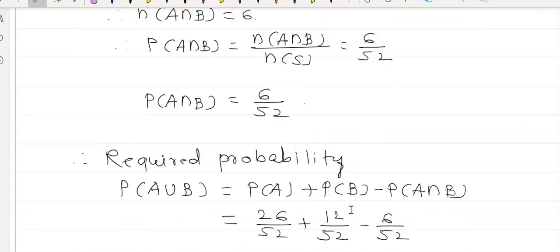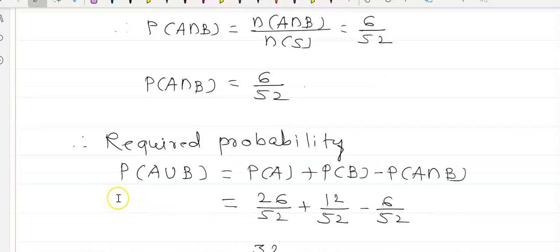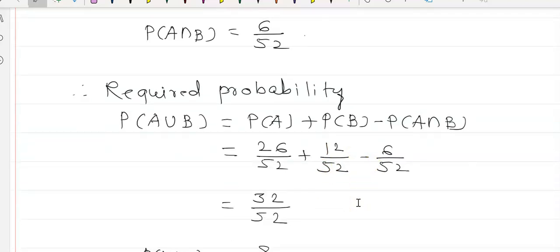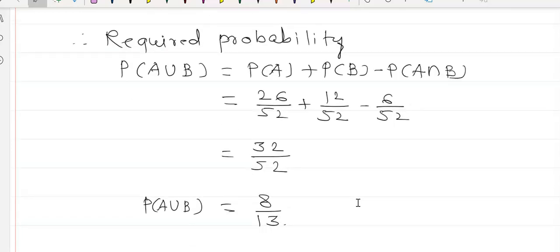Therefore the required probability is P of A union B, which is equal to P of A plus P of B minus P of A intersection B, is equal to 26 upon 52 plus 12 upon 52 minus 6 upon 52, and hence the required probability is 32 upon 52, that is nothing but 8 upon 13.